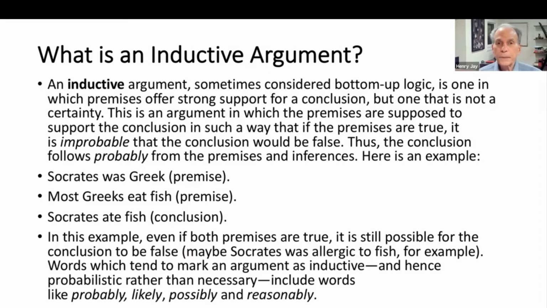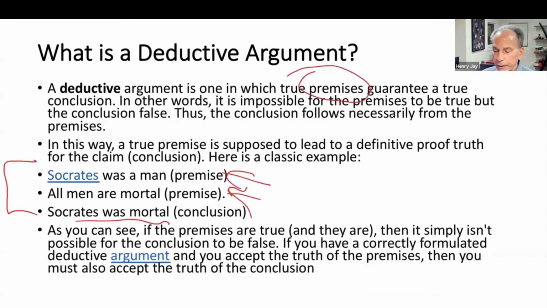This is one in which the premises are supposed to support the conclusion in such a way that, if the premises are true, it is improbable that the conclusion is false, or it is very probable that the conclusion is true, but you can't say it with certainty, like in this argument, where you know for certain that Socrates was mortal.